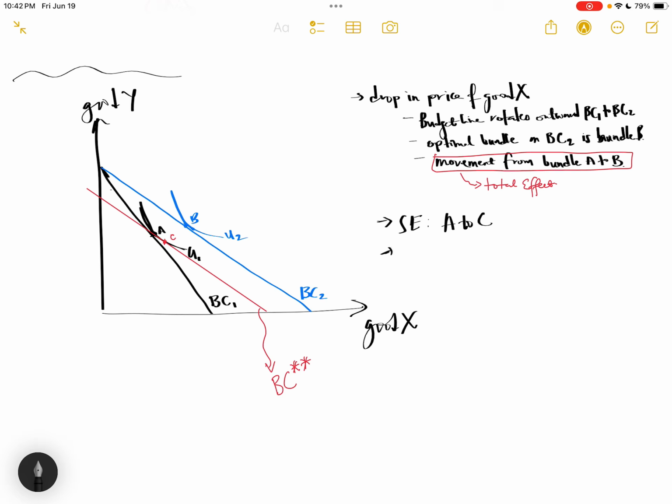And the movement from bundle C to B is the income effect, C to B. However, we know that the movement from A to B is the total effect. And our job here was to decompose that A to B movement into the two parts, A to C, and then C to B. And we've done it.